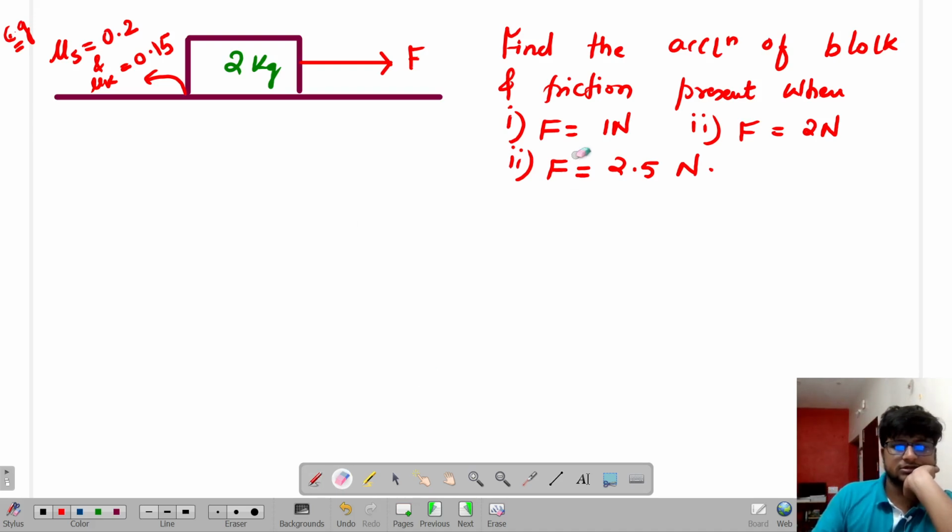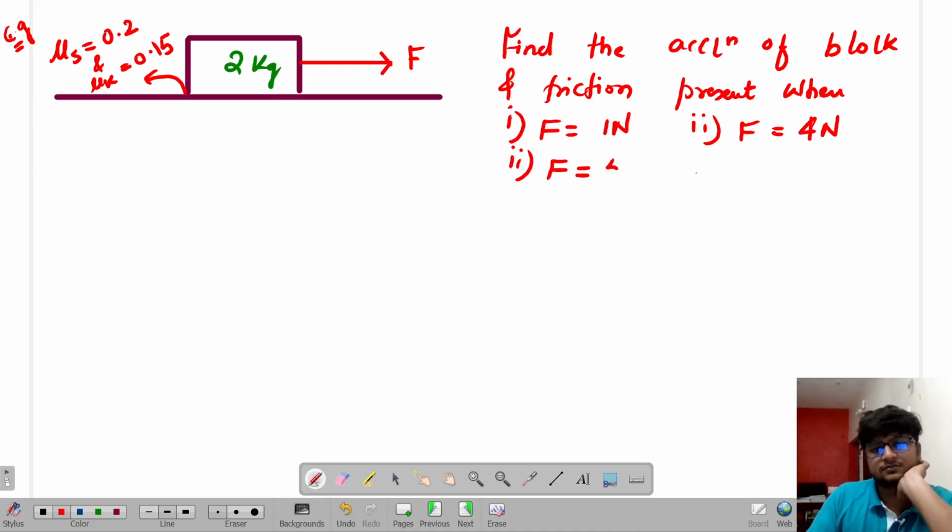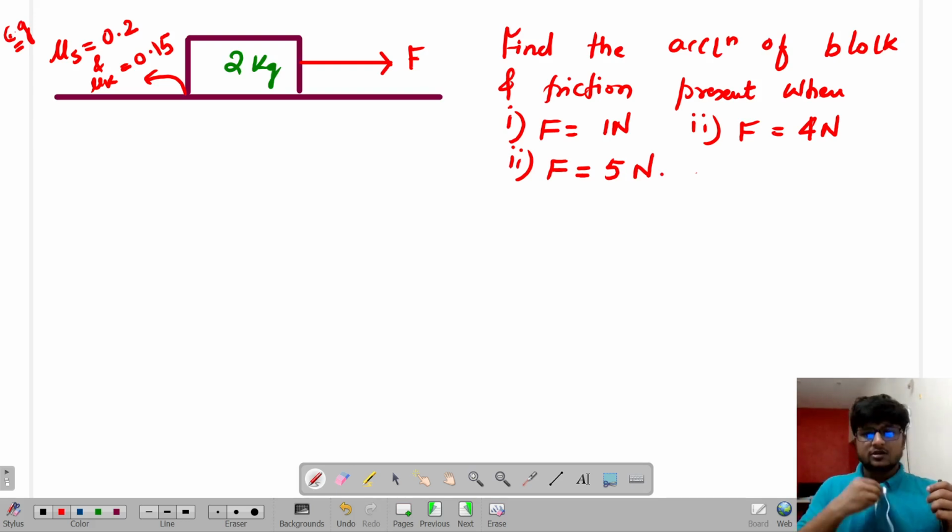Let me change it a little bit: 1 Newton, 4 Newton, and do this question at 5. Okay. I'll take a small break. Do it fast.